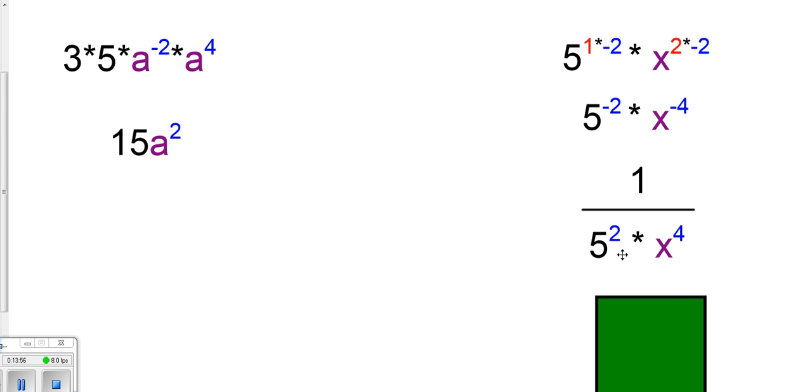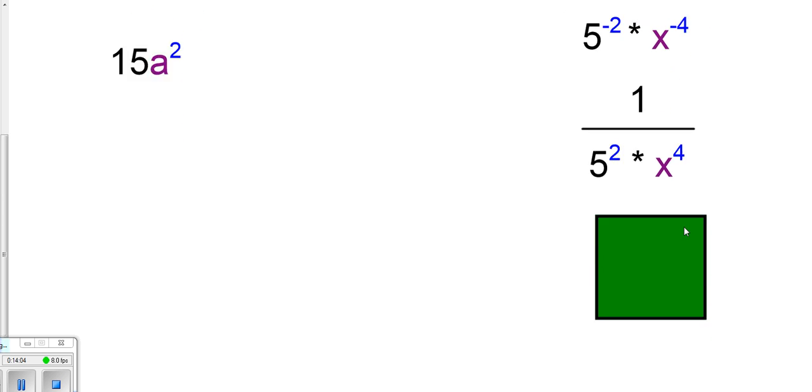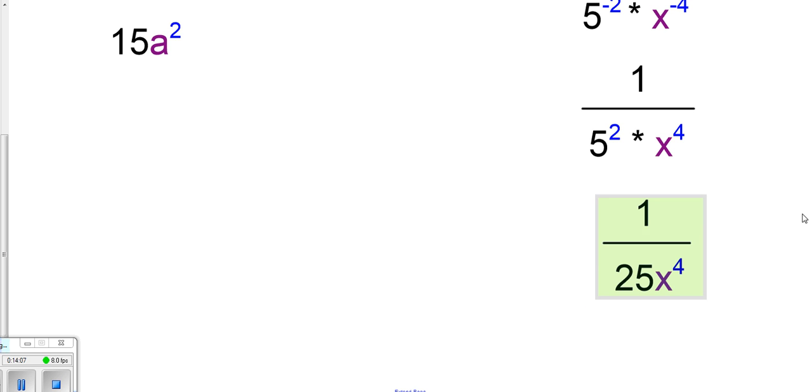So we go into the denominator. There's nothing left in the numerator, so it's just 1. 1 over 5 squared times x to the 4th. Simplifying that one last time, 5 squared is 25, and x to the 4th is x to the 4th, so 1 over 25x to the 4th.